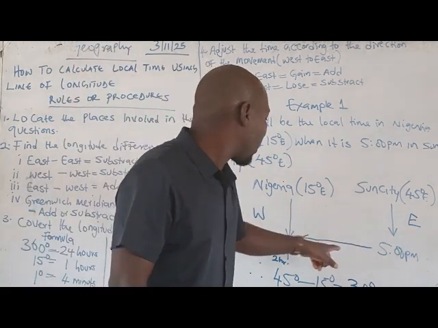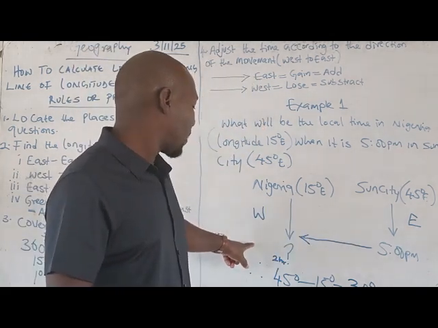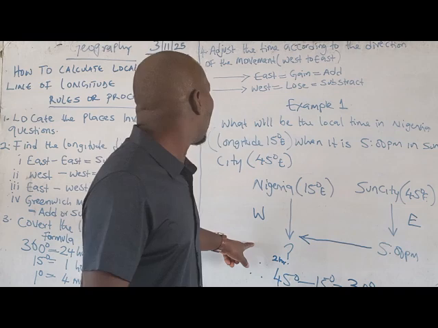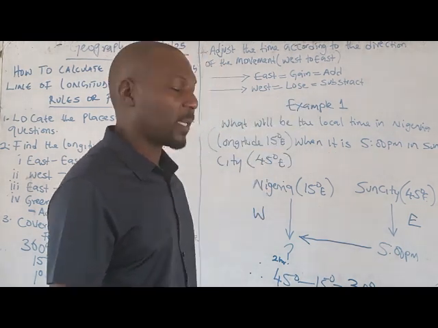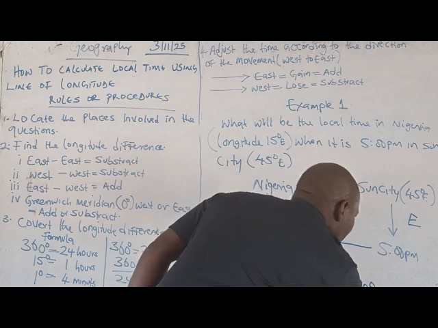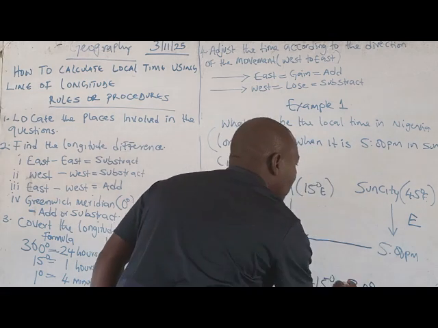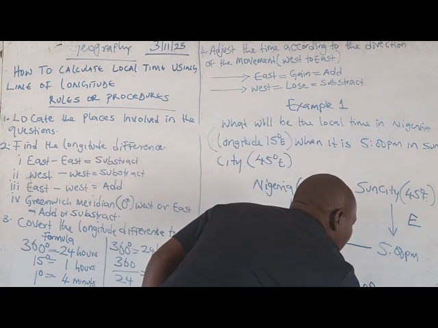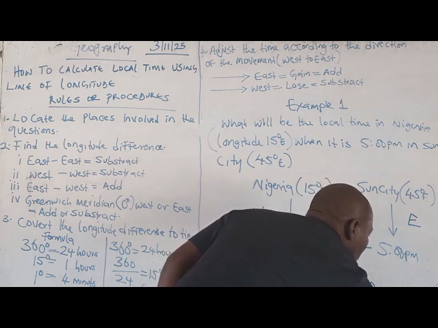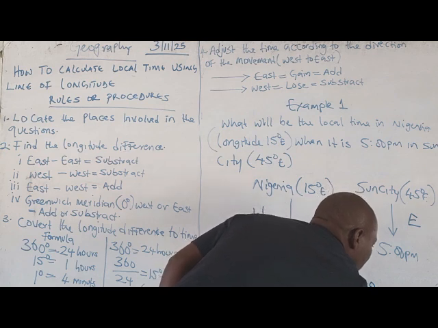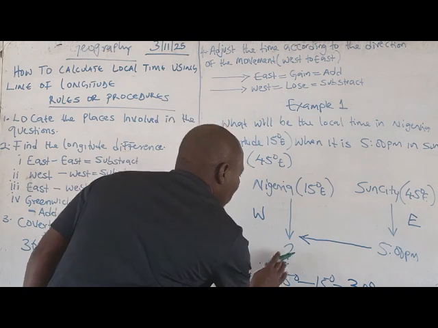Since our arrow is pointing to west, we are losing time. So our final answer is 5 p.m. minus 2 hours, which is equal to 3 p.m. That is what we get here.